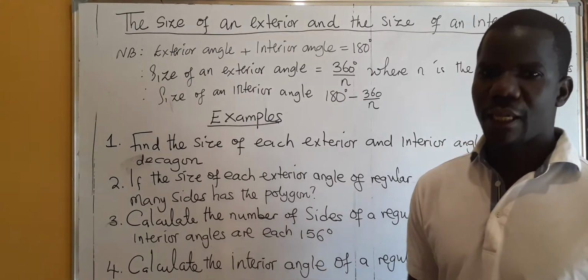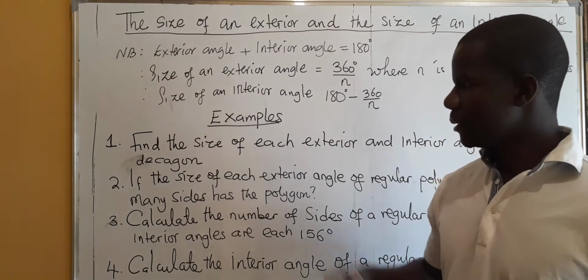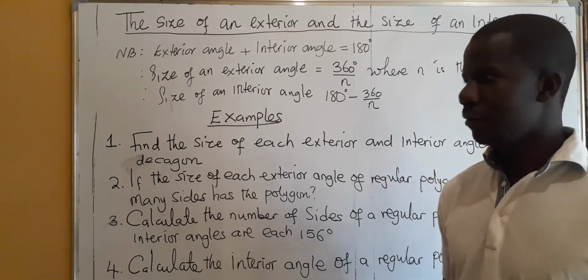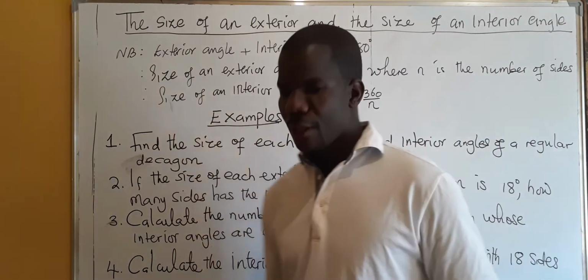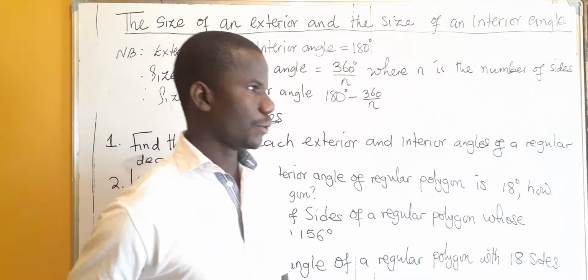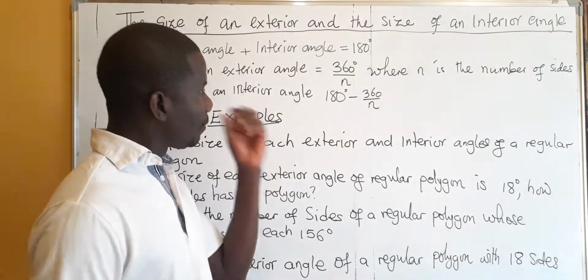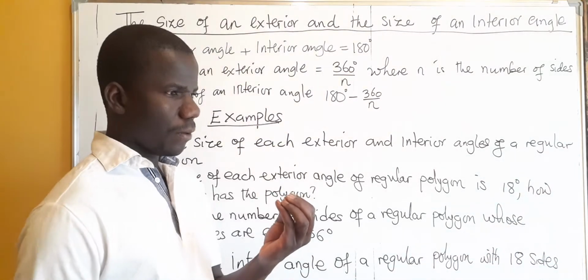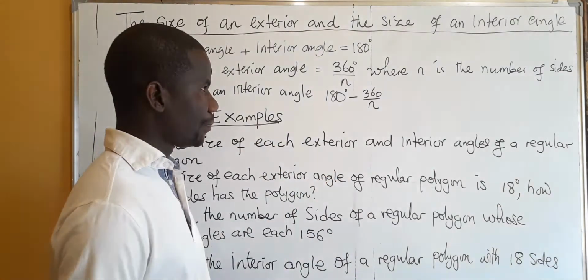Maybe they want to teach their young ones, or maybe a teacher who is also getting into the industry. It's important you get to acquaint yourself with these concepts. All right, so let us see what we are supposed to know here. We are looking at the size of an interior angle and the size of the exterior angle.